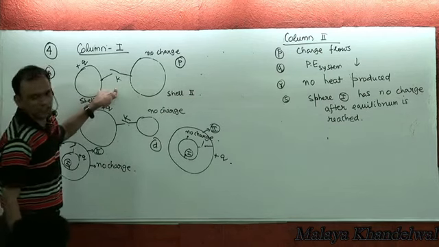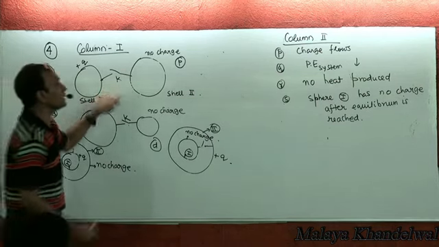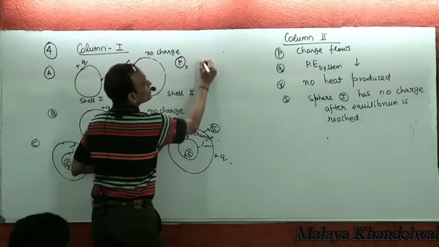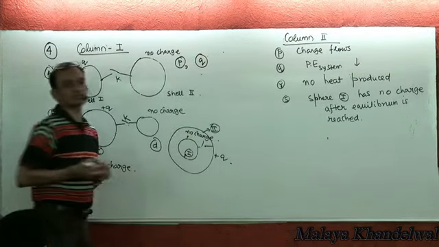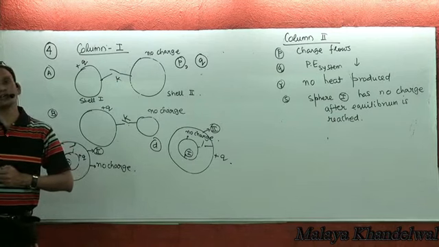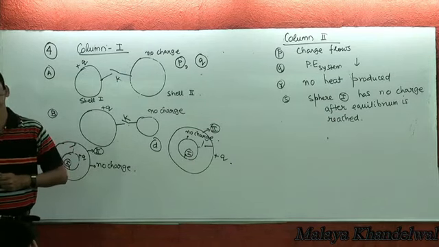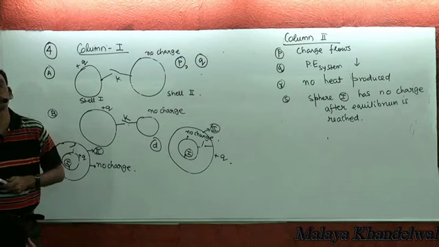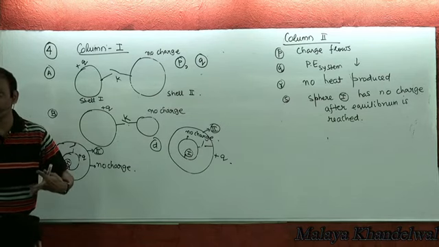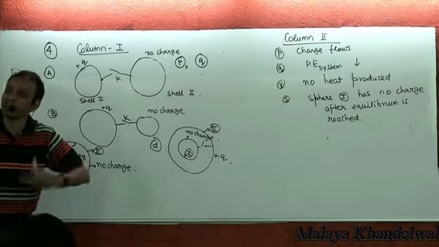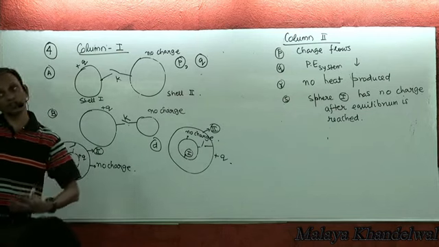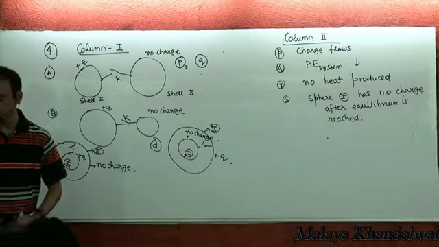So for every flow, there must be loss of potential energy. So for this, Q is true, potential energy of the system decreases because there is loss of energy in the form of Joule heating. That energy has to come from somewhere, no? It has to come at the behest of potential energy. Therefore, potential energy must get slashed.